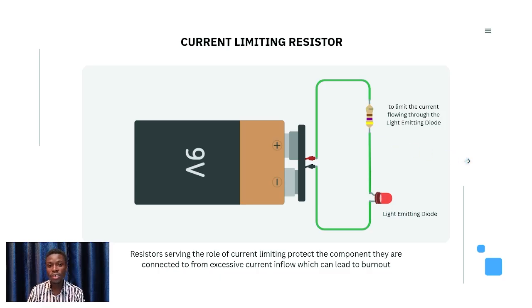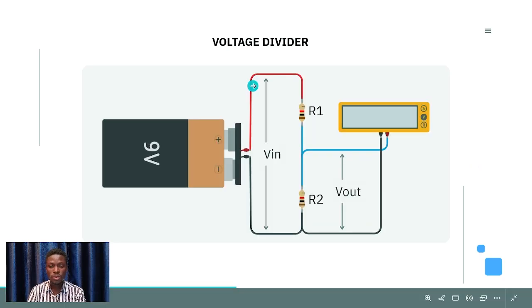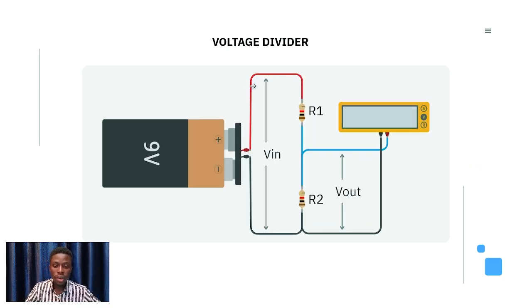Another use for resistor is voltage division. So now this is a voltage divider, and this is a simple circuit diagram. You see the battery, from the positive of the battery goes to this resistor, then goes to this other resistor and goes back to the negative. Albeit, we now tap out from in between these two resistors.